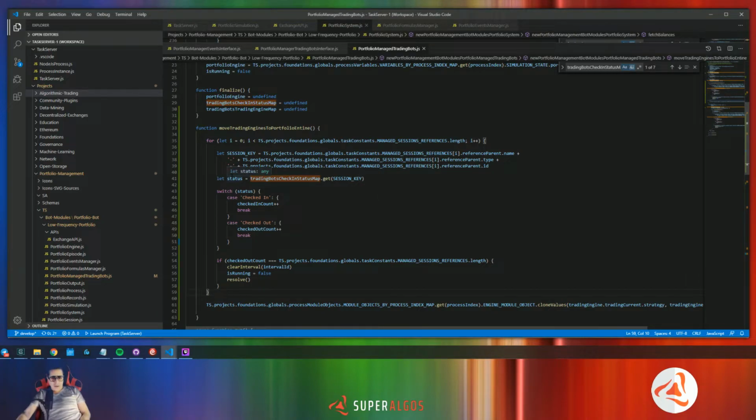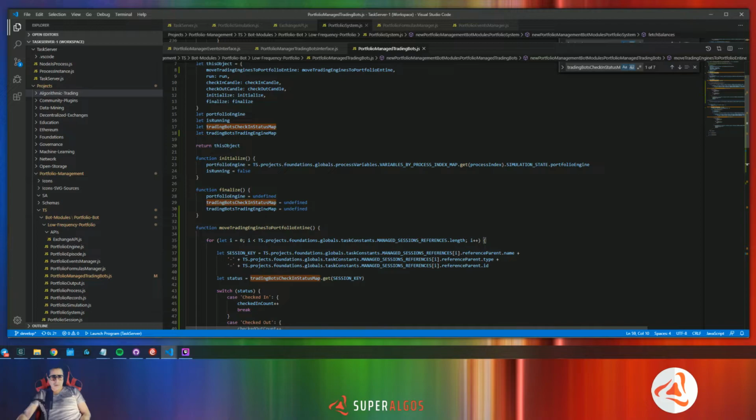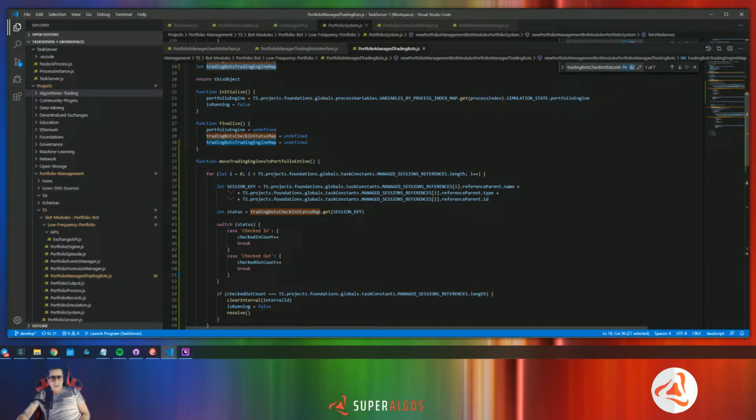Then we have, instead of the status, we will get a trading engine. Trading engine. Okay.